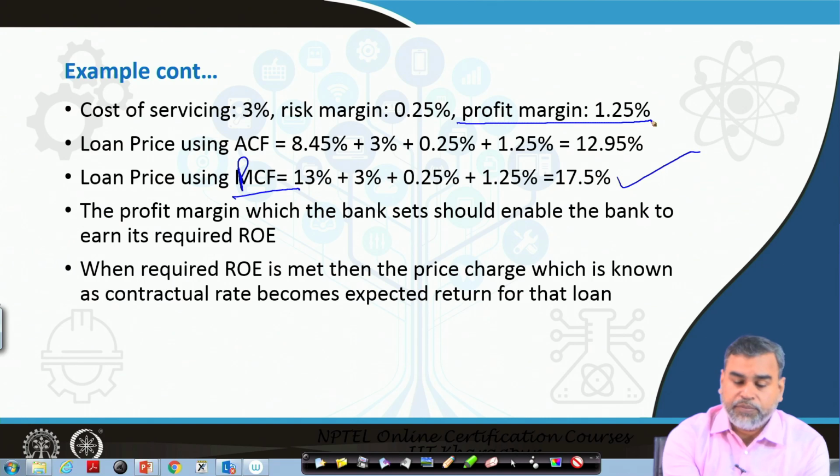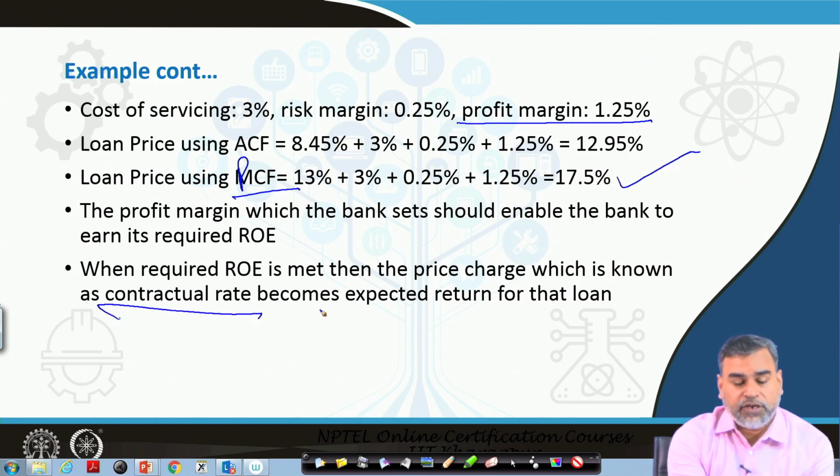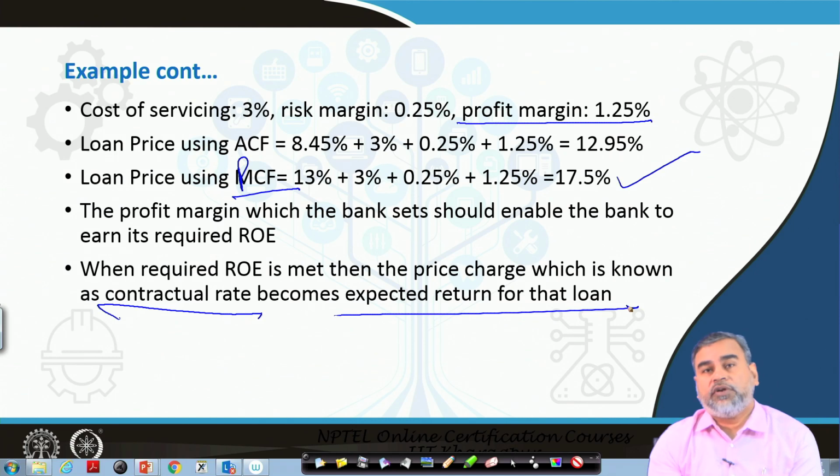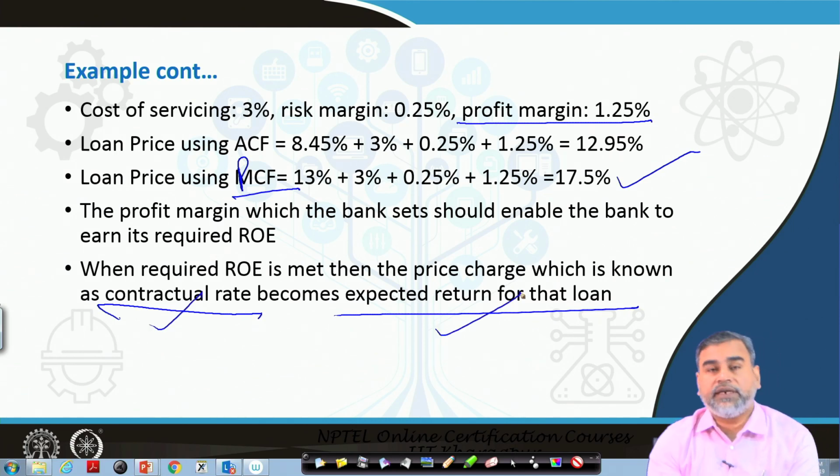So, if the ROE is met on the basis of the profit margin, then that particular thing is called the contractual rate. The contractual rate becomes the expected rate of that particular loan. So, the contractual rate will be equal to the expected rate if the ROE will be equal to the cost of equity, the cost of the loan.